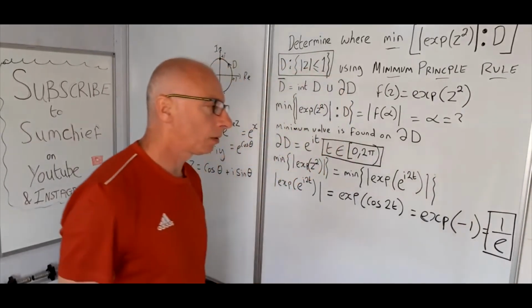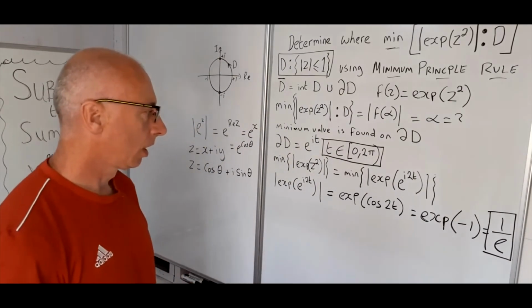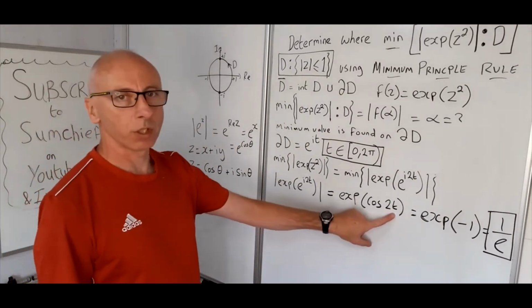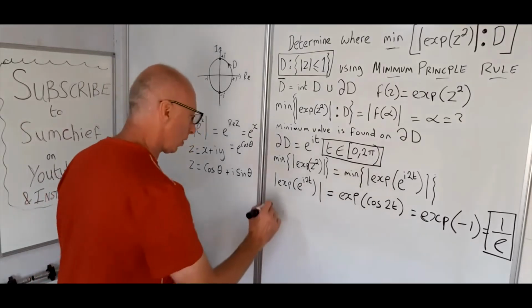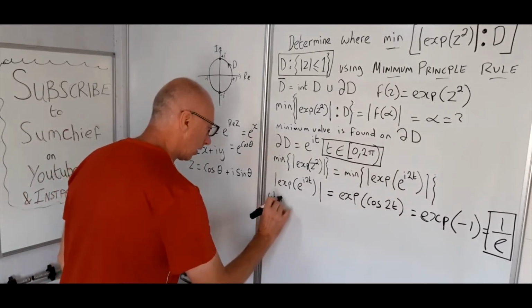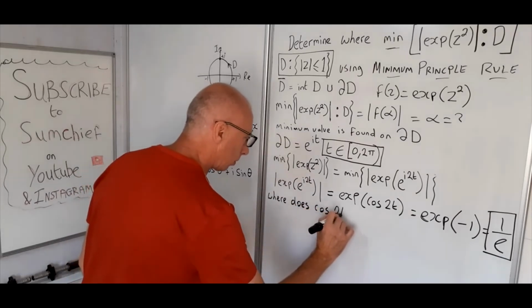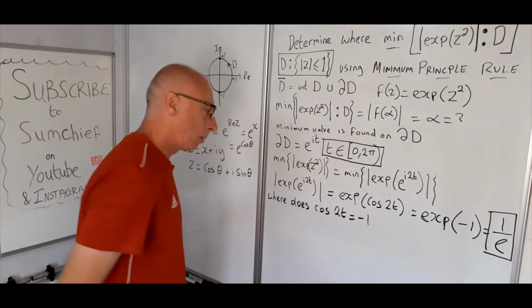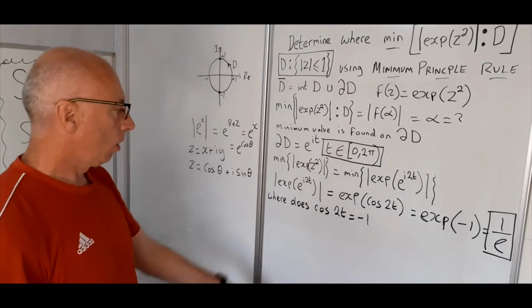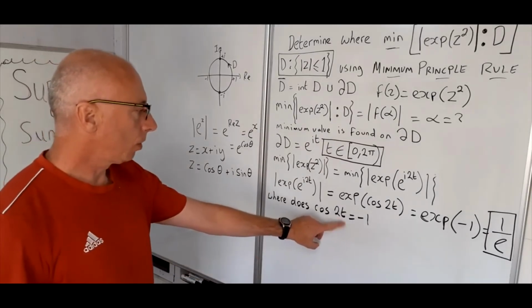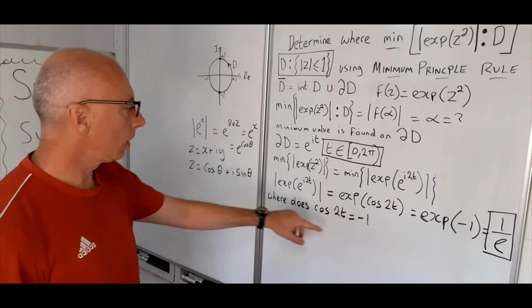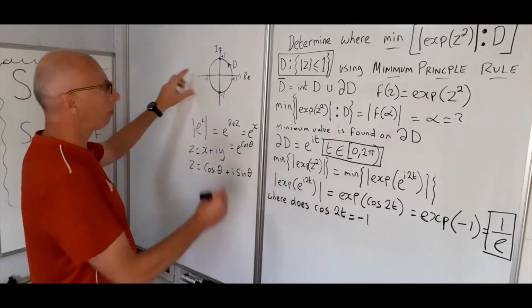What we need to know now is where that's going to be achieved. So we want to know where cosine of 2t equals minus 1. Well, cosine of 2t equals minus 1 is achieved at the point pi.